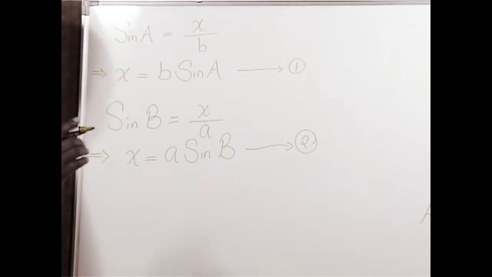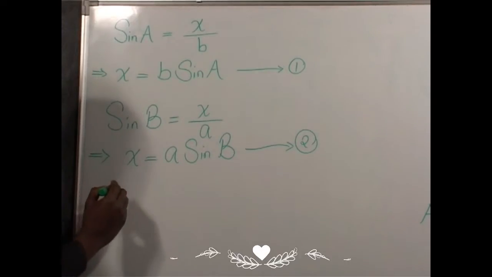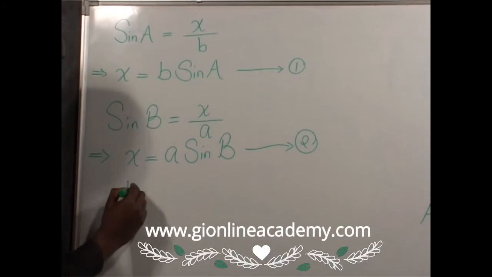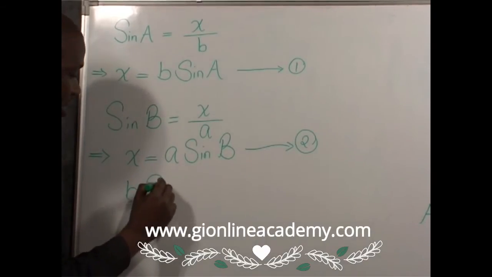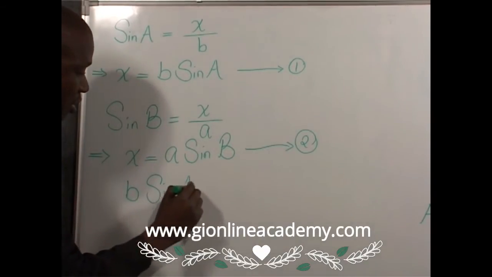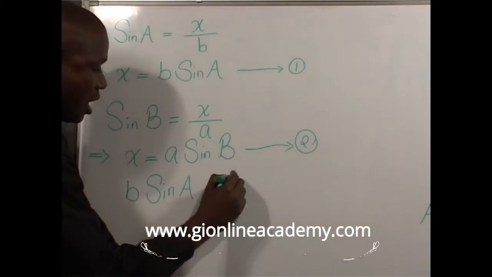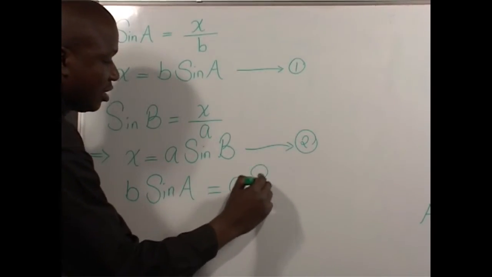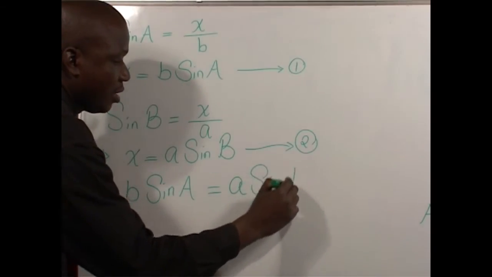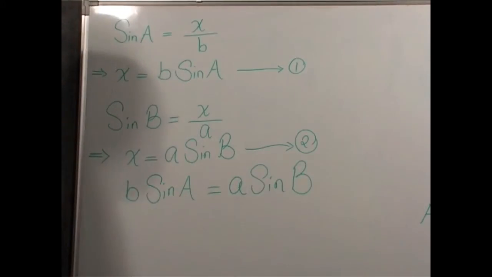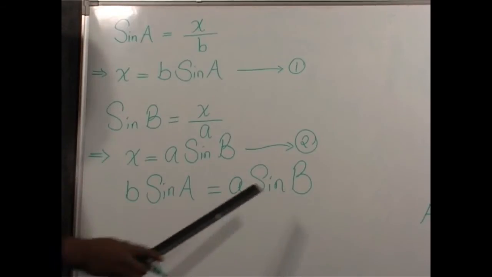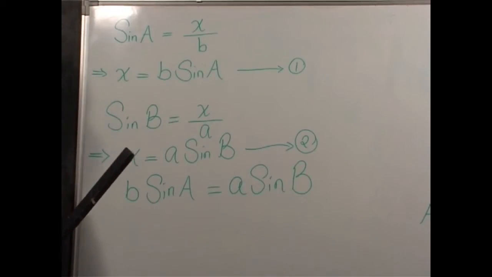So we come up with the relationship stating that b sine a is equal to a sine b. This relationship we have come up with is what is known as the sine rule.